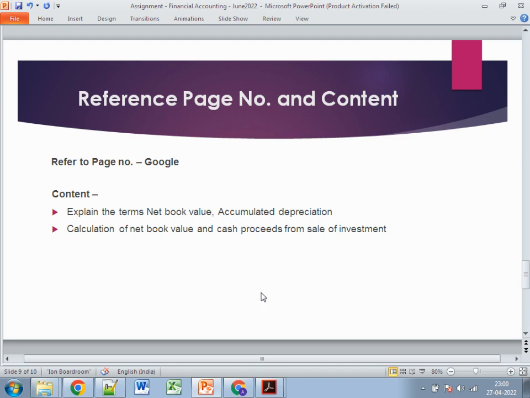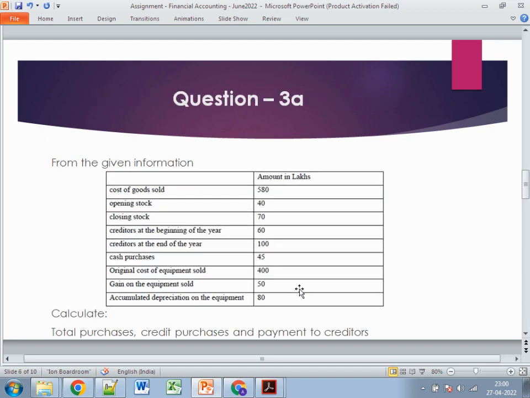So for the net book value, first see the question. The first part is completed, that we have used for the third equation. Now the second part. Net book value will be the original value of the equipment minus the accumulated depreciation on the equipment.